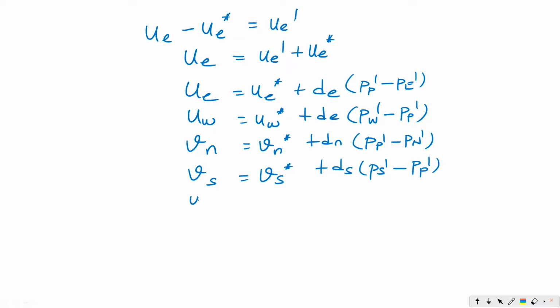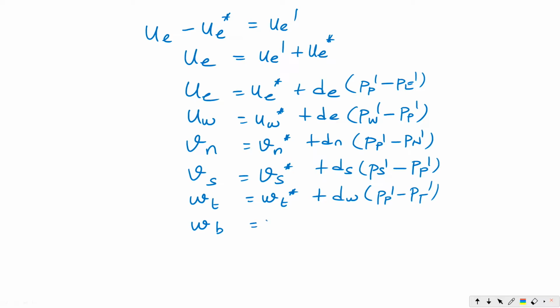Then Wt will be equal to Wt star plus dt of Pp prime minus Pt prime. Sorry, somewhere I will say star instead of prime, but I hope you can get it.